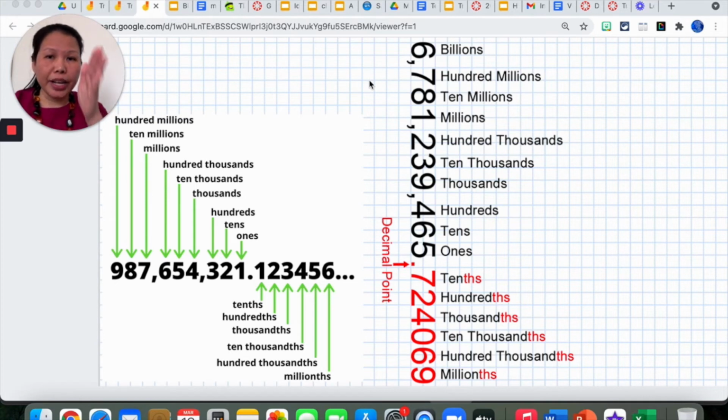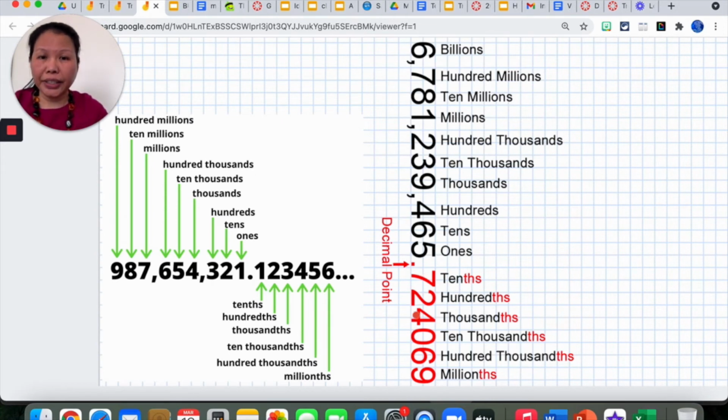You are seeing here the example on the left and the example on the right. Anything in front of the decimal point is called ones, then tens, hundreds, thousands, 10,000s, 100,000s. We will not go on to the million or more. You're only going to be responsible for this and below.